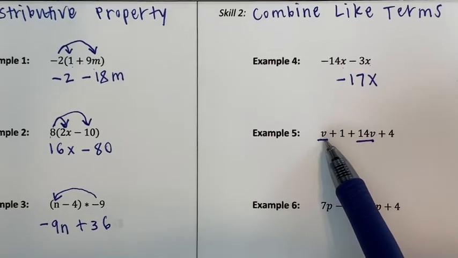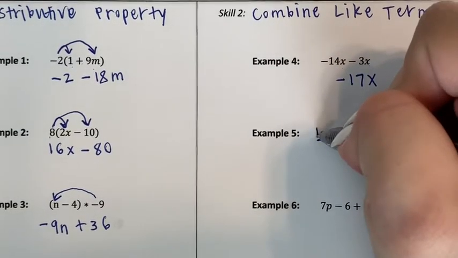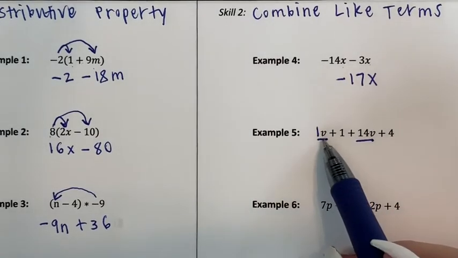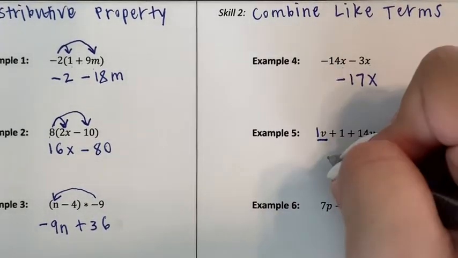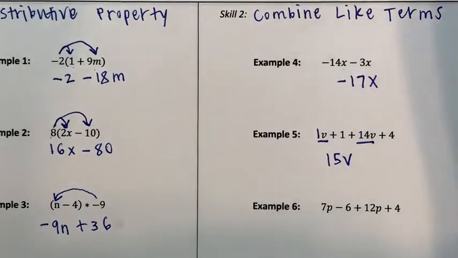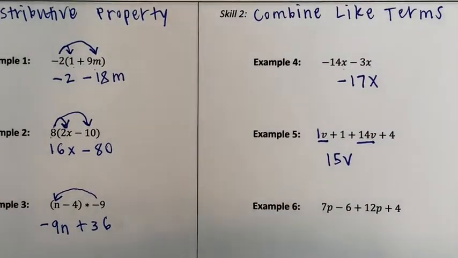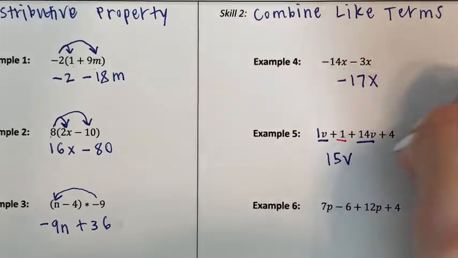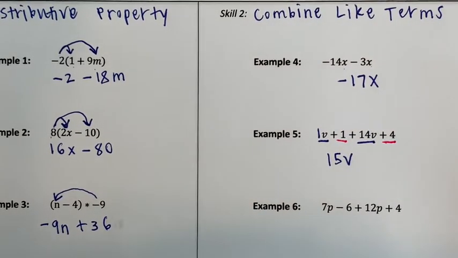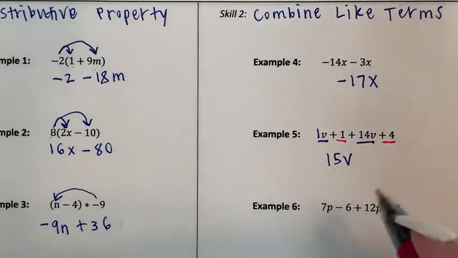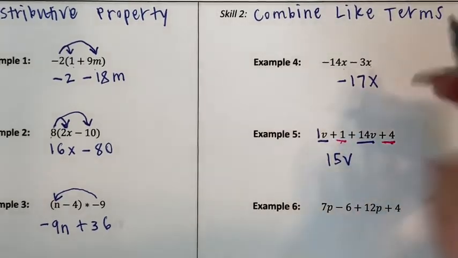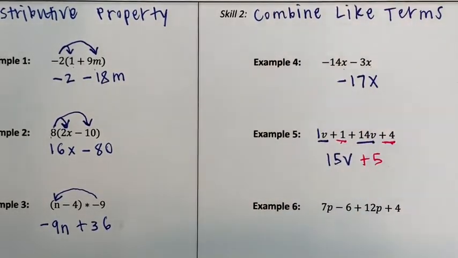If there's no number in front of the variable, that means there's a 1 there. So I'm doing 1v plus 14v to give me 15v. And I still have some other terms left over. I have a positive 1 and a positive 4. These would be constant terms. So I can do 1 plus 4 to give me a positive 5.